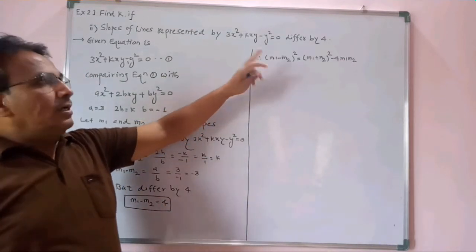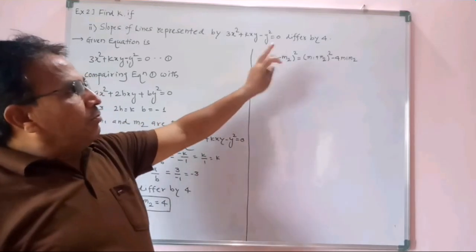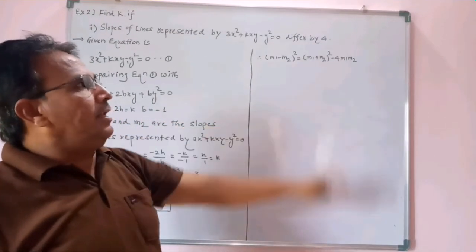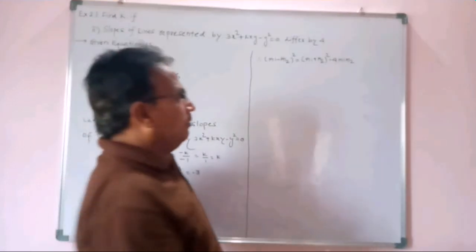We have also seen this in the quadratic equation. This formula: m1 minus m2 bracket square equals m1 plus m2 bracket square minus 4 into m1 m2.